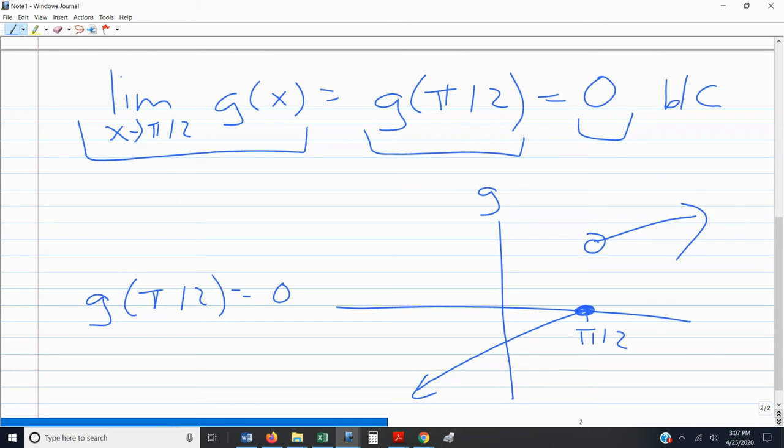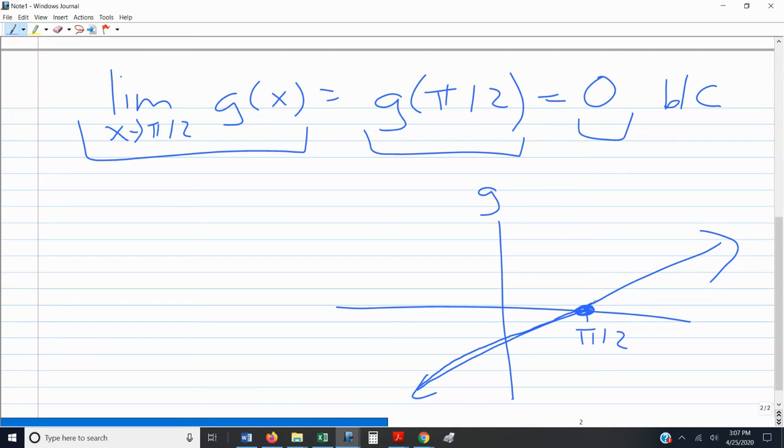But the reason you know it's not a situation like this graph I drew, where you have an output of 0, but you don't have a two-sided limit, the reason you know that's not happening is because they told you g was differentiable, which means it's also continuous, right? So you're drawing that without lifting your pen. And that's how you know that the output and the two-sided limit are the same.